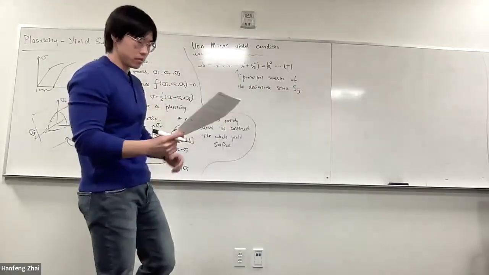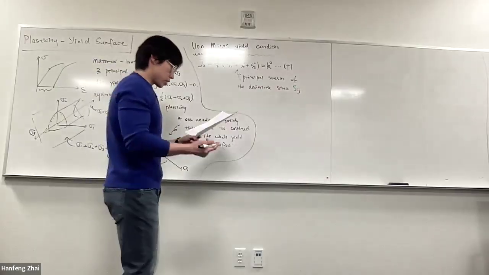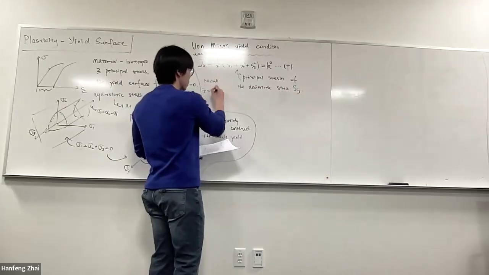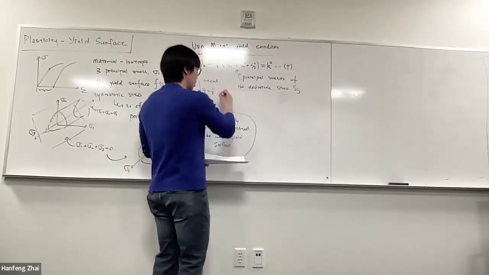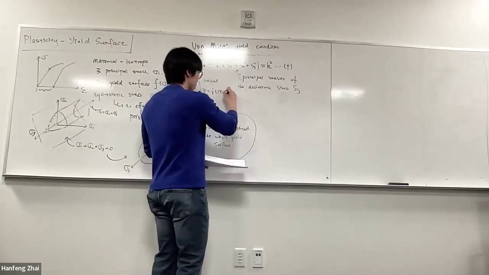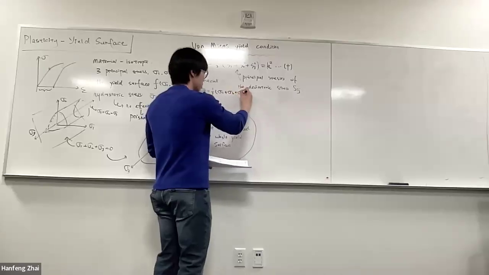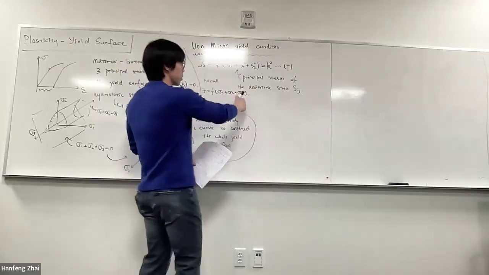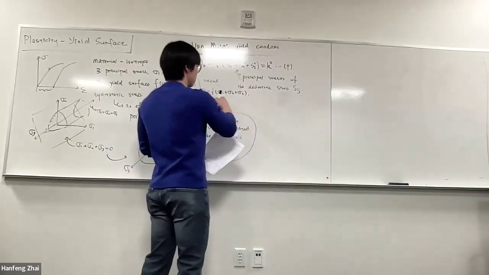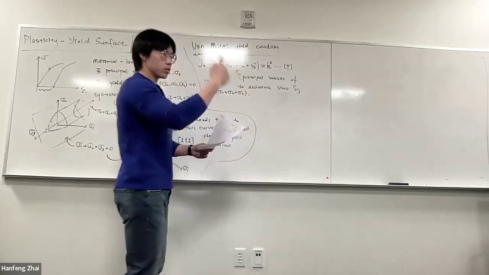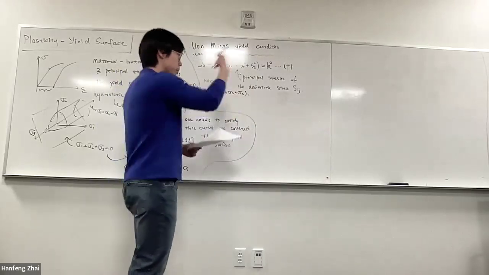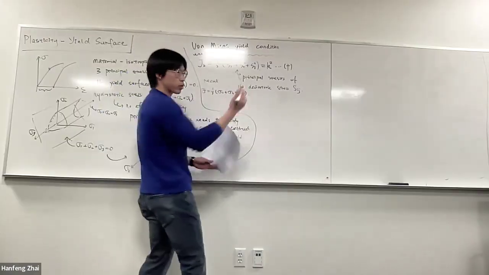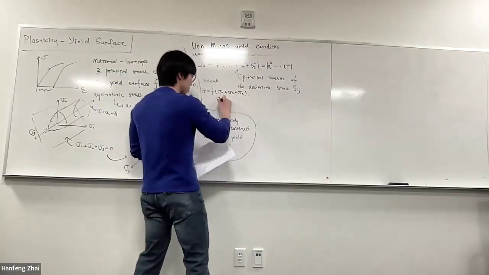Cool. And recall our previous definition. What is the definition of the hydrostatic stress? It's defined as 1/3 the summation of all three principal stress components. Then you already know how to calculate S1, S2, S3 from the principal stress components minus the hydrostatic stress. So let's write it down in detail.